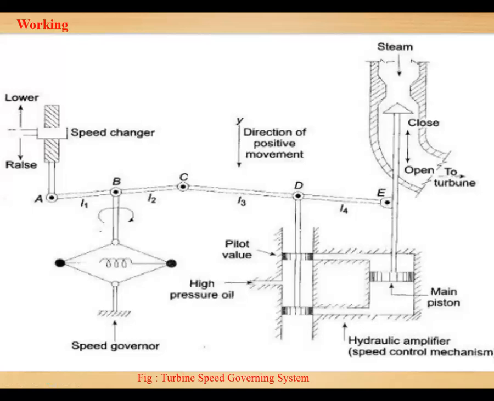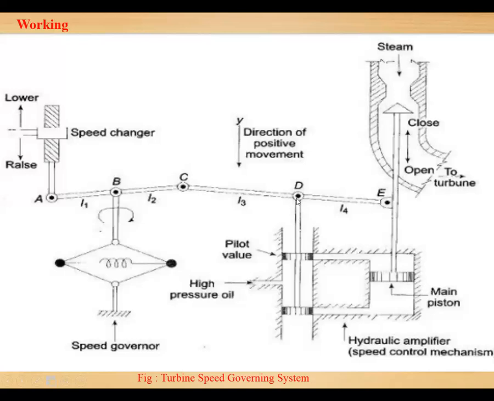For case 2, a load decrease, the speed of the turbine increases. The speed changer gives a lower command and the flyballs move inward, point B moves upward and D moves downwards.